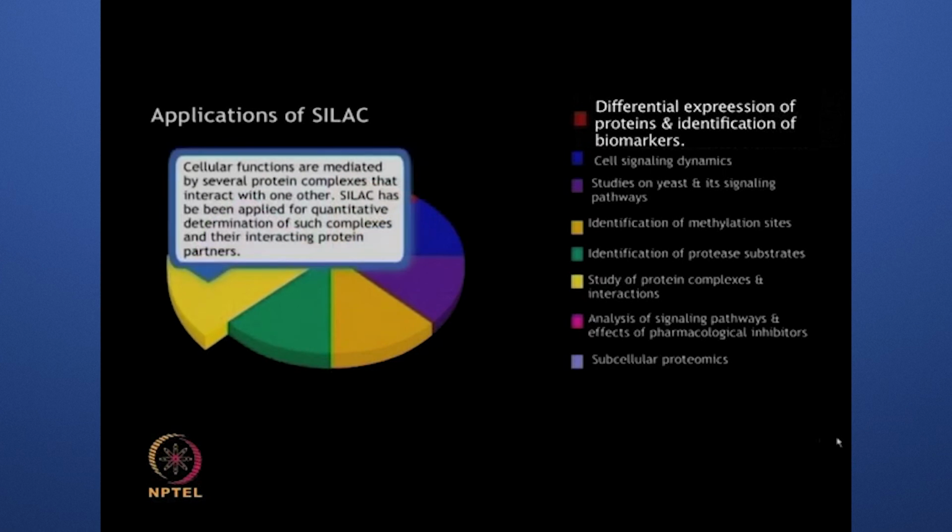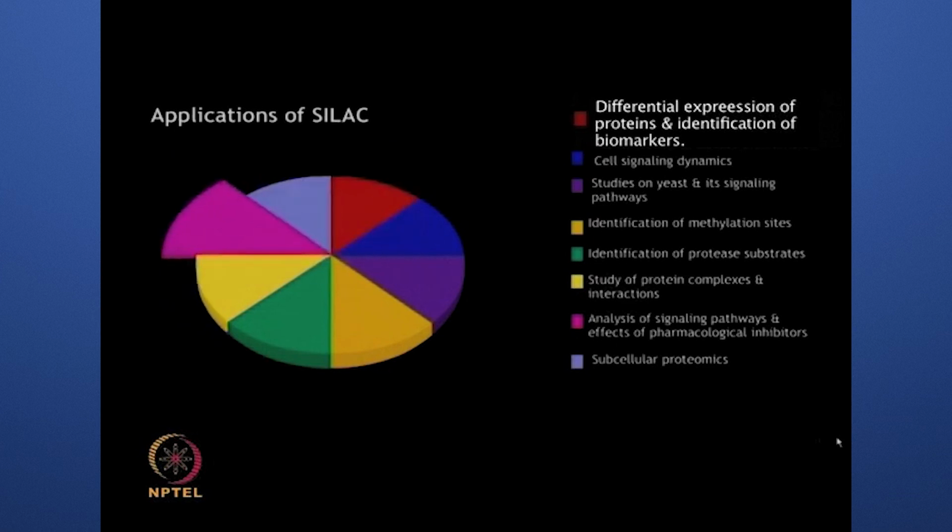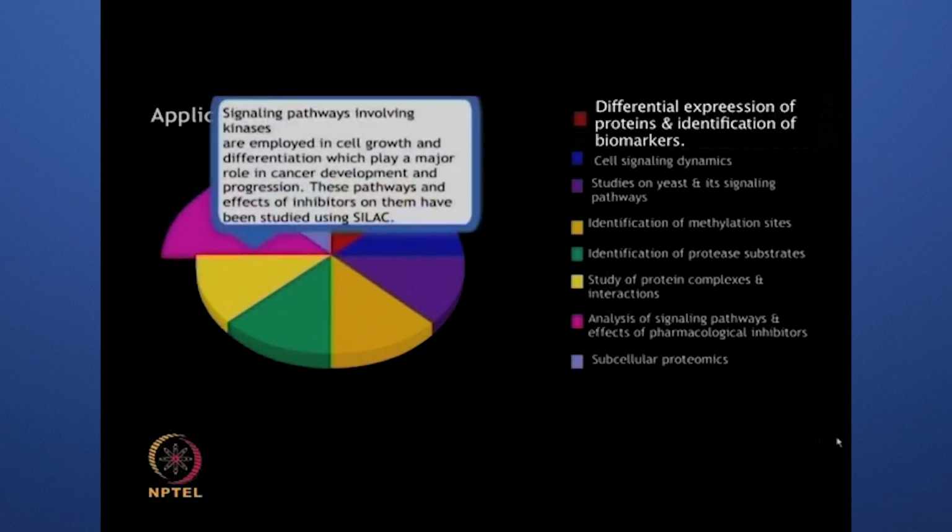The cellular functions are mediated by several protein complexes which interact with one another. SILAC has been applied for the quantitative determination of such complexes and their interacting protein partners. The signaling pathways which involve kinases employed in cell growth and differentiation play a major role in cancer development and progression.